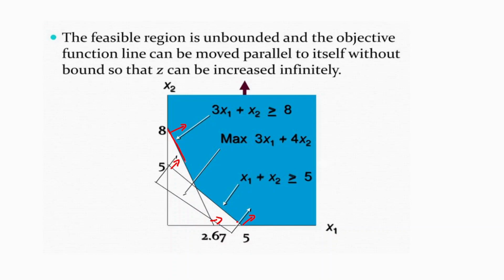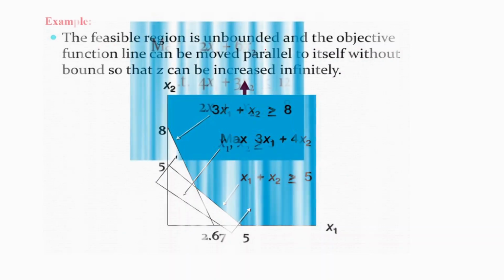So this is what we are having, right? But as it's a maximization type objective function, we cannot find the maximum of the objective function, as it is going up till infinity, right? So z is increasing because x1 and x2 don't have a bound. So therefore we are having the feasible region as unbounded, and the solution is also unbounded.